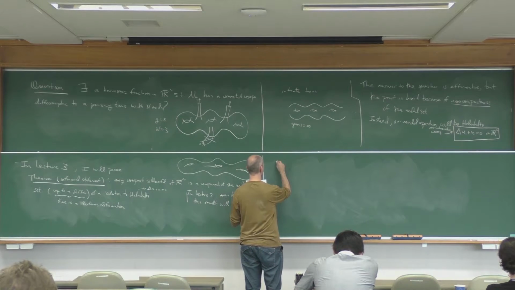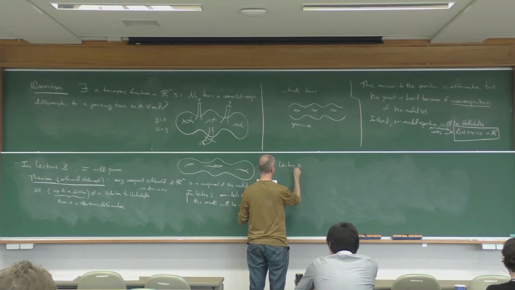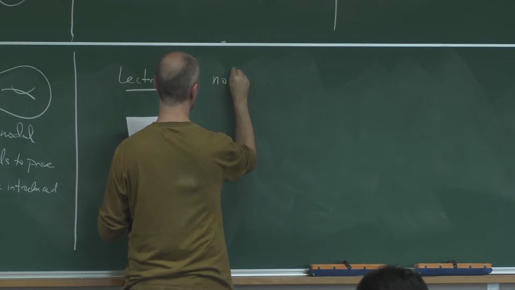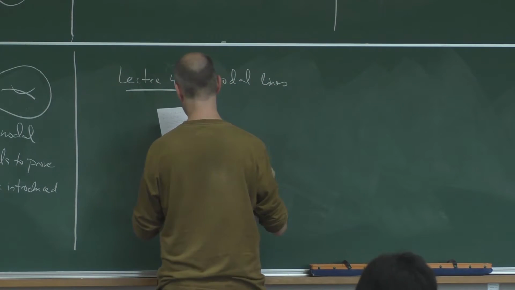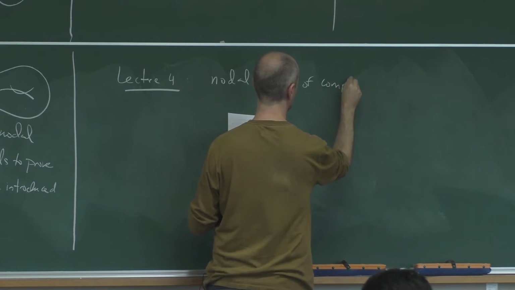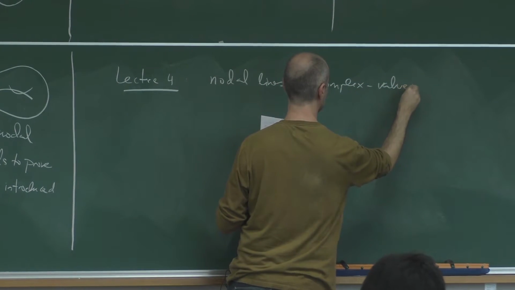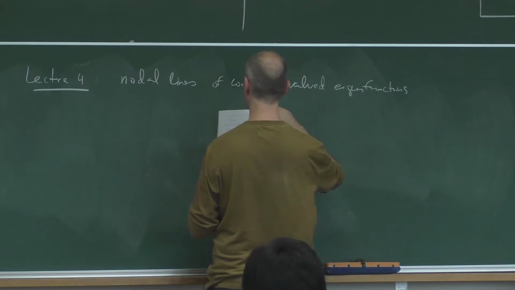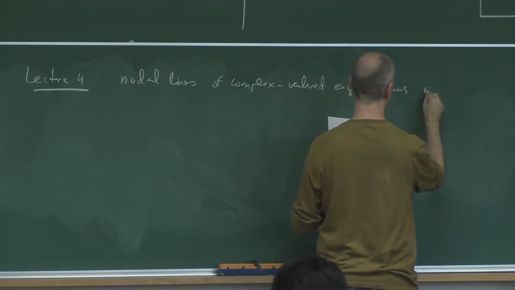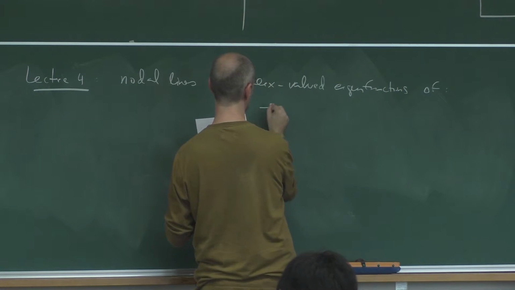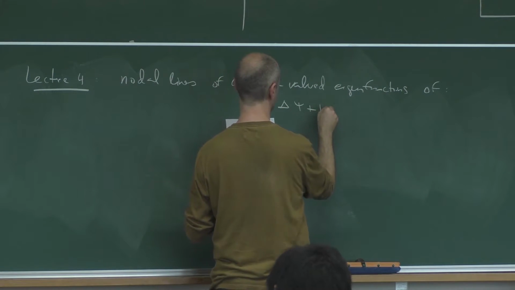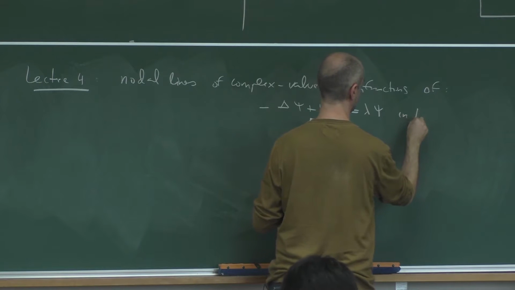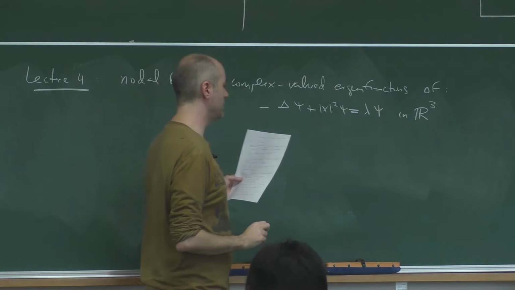So in lecture 4, what I will do is study the nodal lines of complex valued eigenfunctions of this Schrödinger operator, which is the quantum harmonic oscillator, in dimension 3.